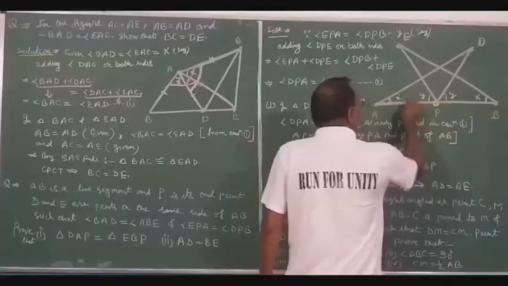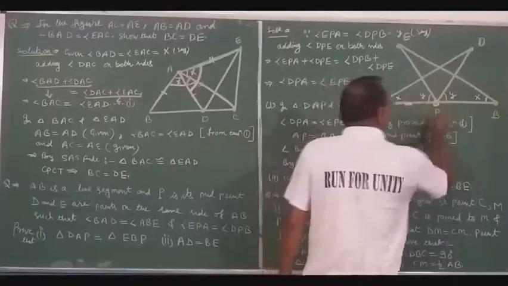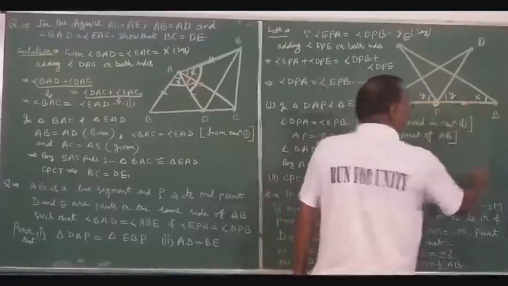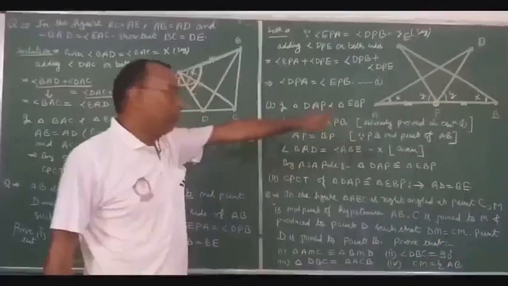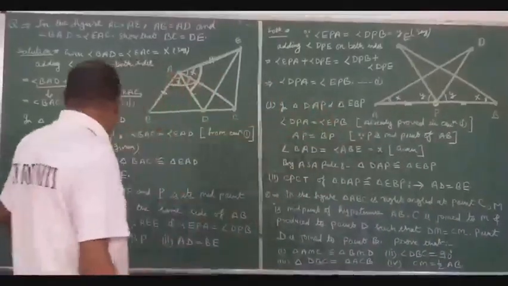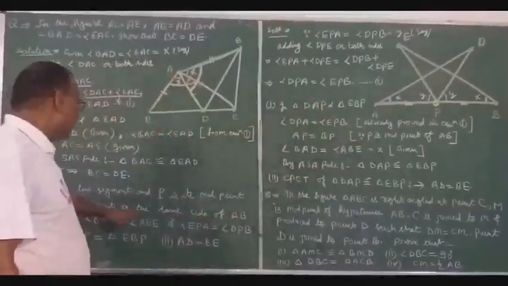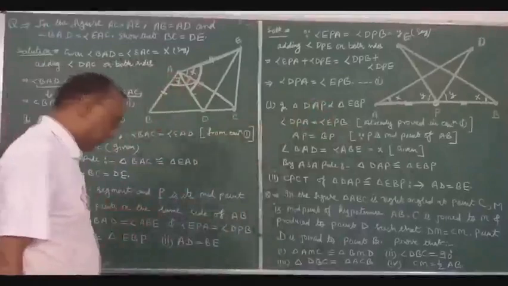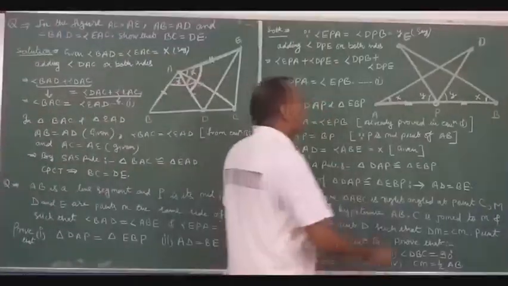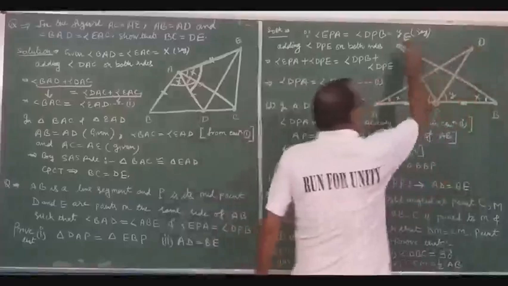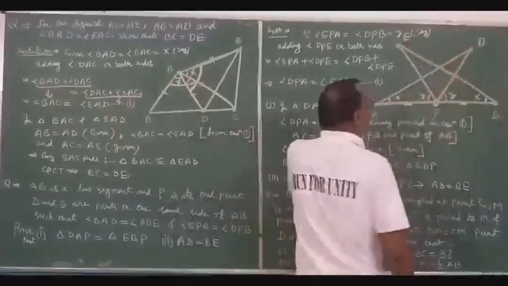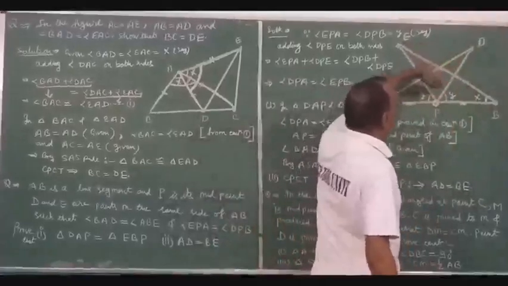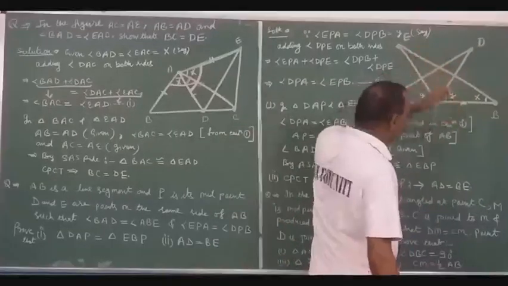It means this part AP will be equal to PB. D and E are points on the same side of AB. Either they will be on this side or they may be on the downward side.